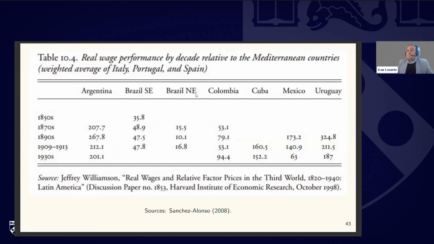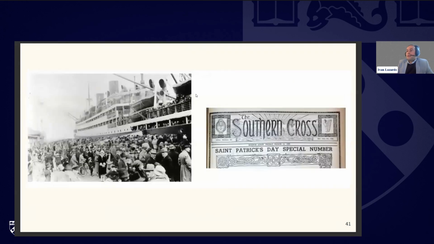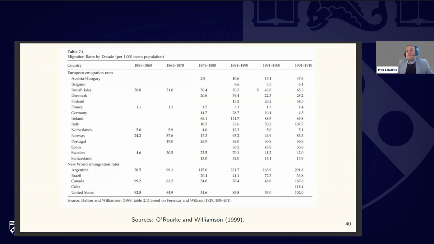And again, that movement of people was relevant. Even though in actual numbers it is smaller than what we see for the US, it is substantial relative to their national population.